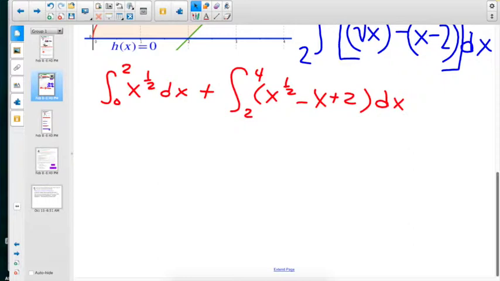That's totally what x to the 1/2 integrated is. That looks great. You got it. Yep, those look great. I think we need to have a plus sign right there, though.